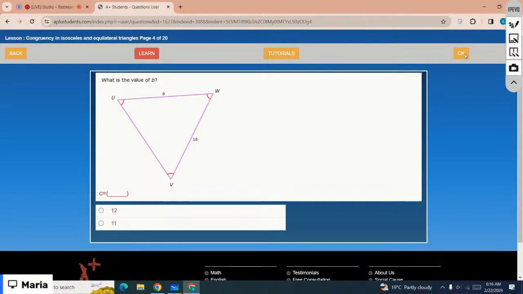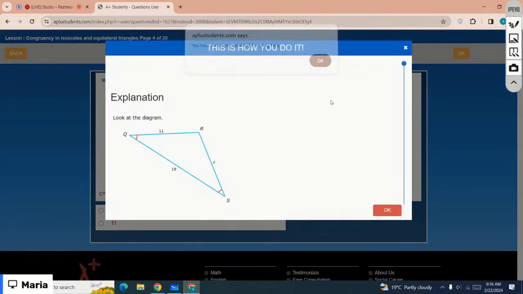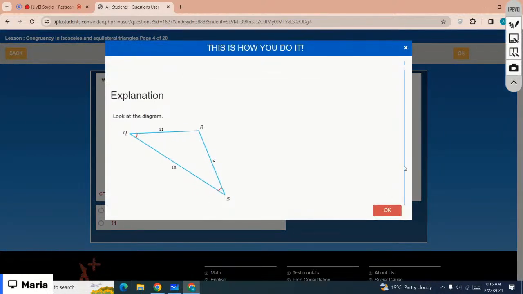What is the value of B? B is also 18 because all the angles. But where is 11?